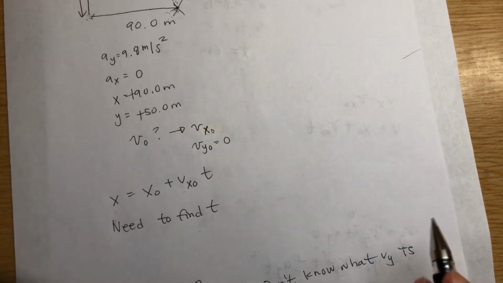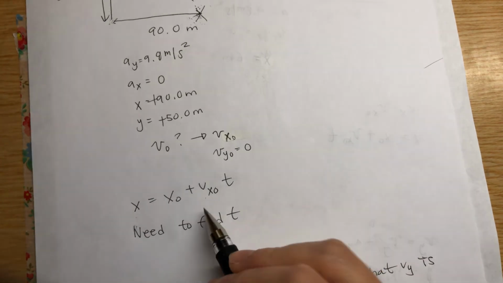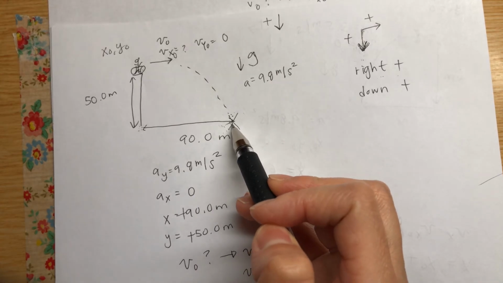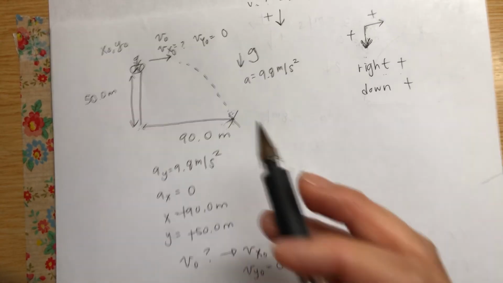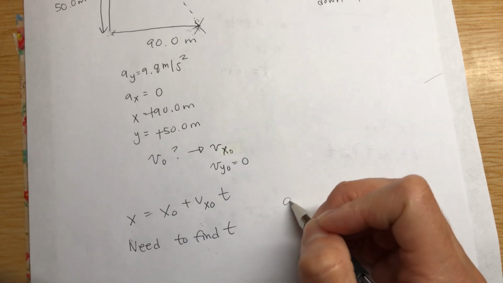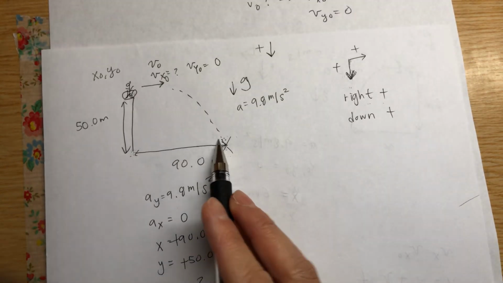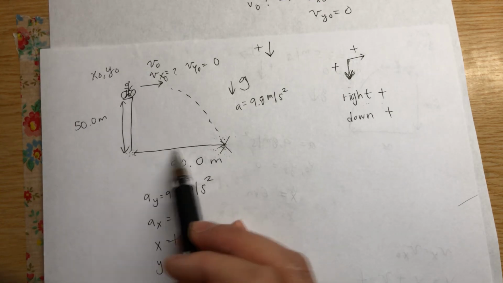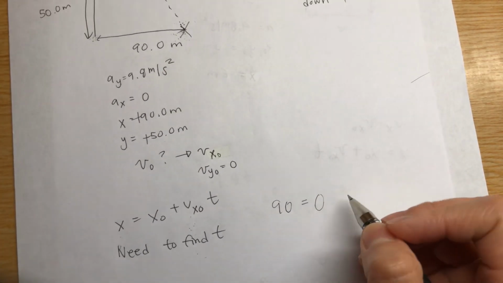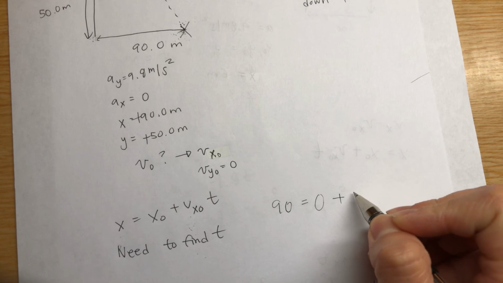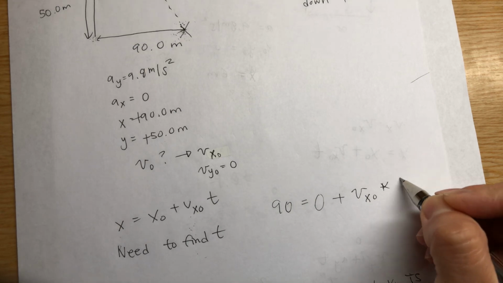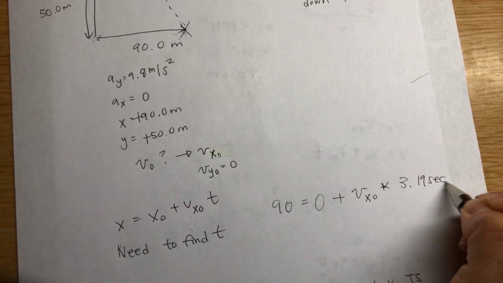So what do we use here? We have all that we need now. x is positive 90 because positive is right. So 90 equals 0, it was at x equals 0 here and moving to the right, plus Vx naught, which is what we're trying to find, times t, which is what we found, 3.19 seconds.